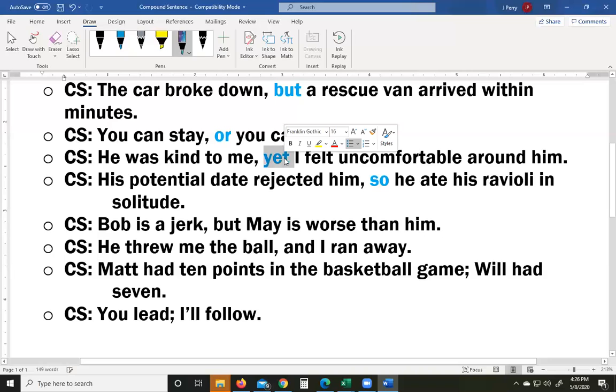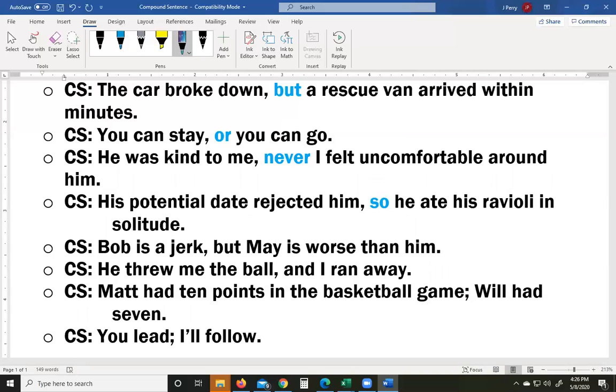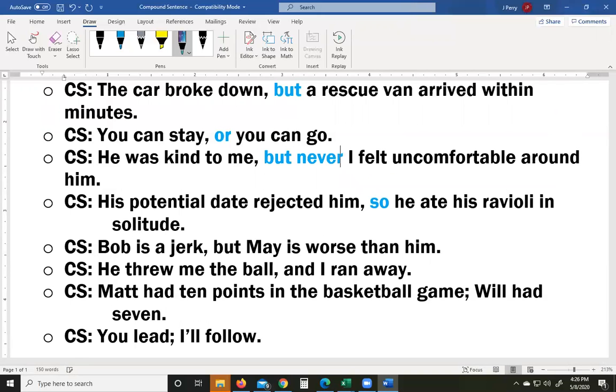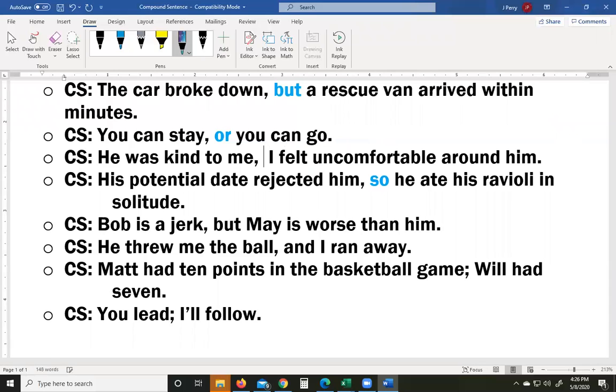So one of the ways we can test to make sure we've done the yet correctly, so he was kind to me, yet I felt uncomfortable around him, is we can say, nevertheless. We can plug in that definition, or actually it was but, right? It was but, nevertheless. Kind of awkward. We could also say, but I felt uncomfortable around him.